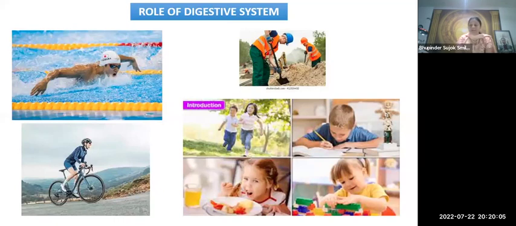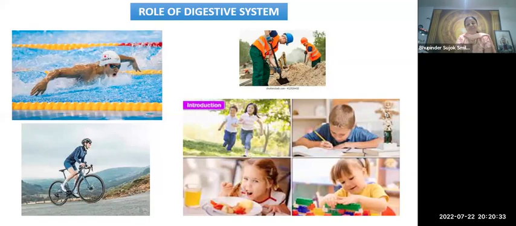Therefore, we need a fantastic machine to enable the body to use the food. In fact, if I briefly call it the digestive system, this is a wonderful grinder mixer, which basically reduces the food we eat to very small particles.